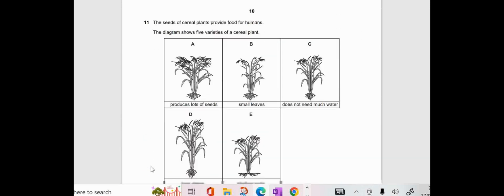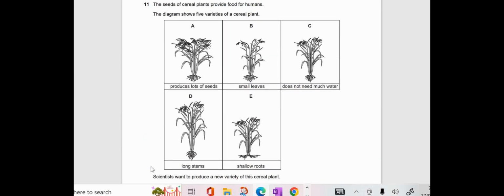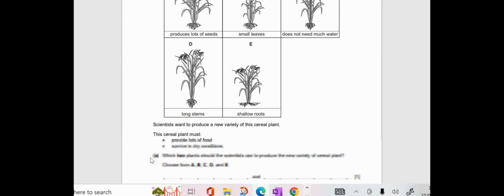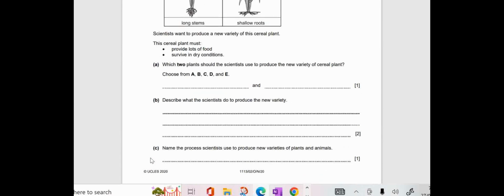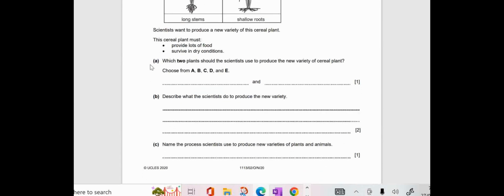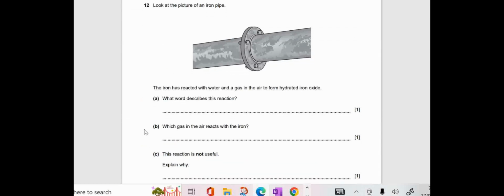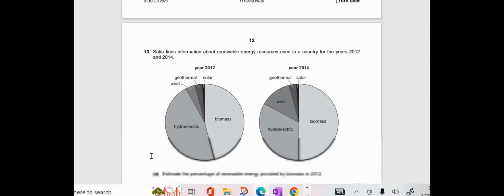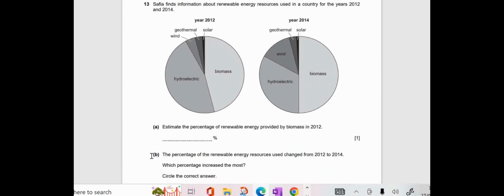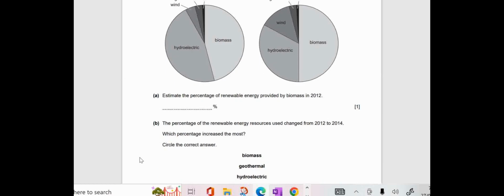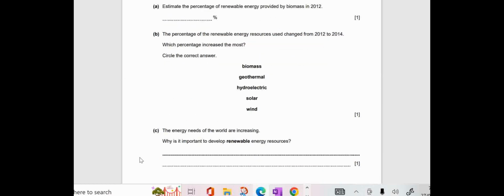Next is question 11 and this is 11. This is A and B, C. And next is question 12a, 12b and 12c. Next we move on to question 13a, 13b and 13c.